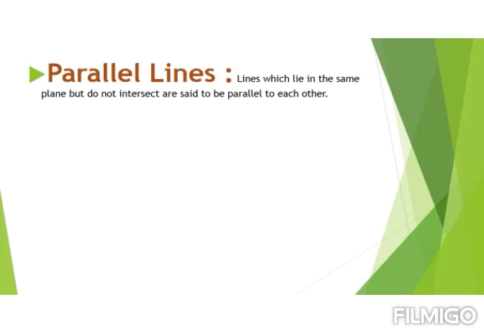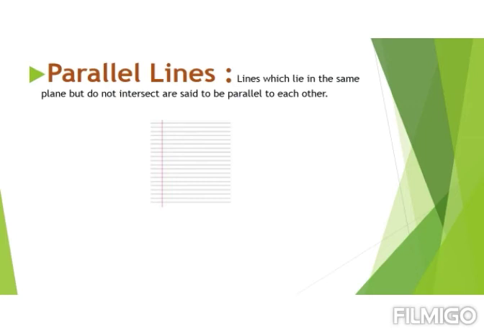Parallel lines. Lines which lie in the same plane but do not intersect are said to be parallel to each other. Look at this page. This page has lines in two colors. The black ones are horizontal lines and the pink one is a vertical line.